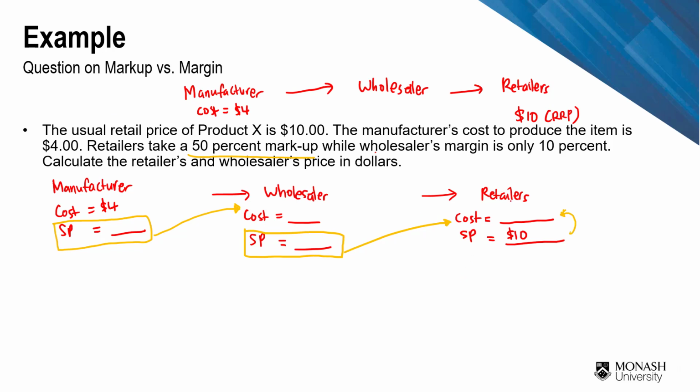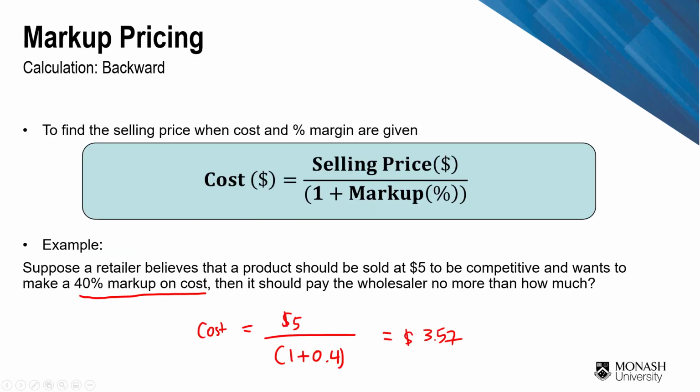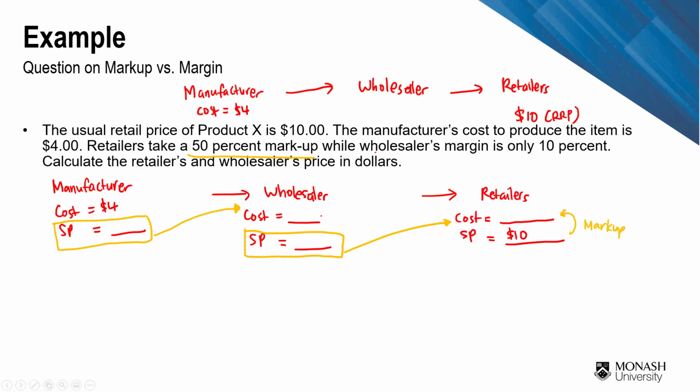Okay, so this is actually a markup. Now, is this a forward markup or the backward markup? Now, if you think about it, I know the selling price and I want the cost. So this is becoming a backward markup. Now, if we come back to backward markup, it will be this formula right here. So let's take a look.